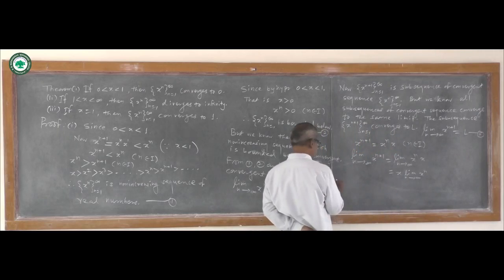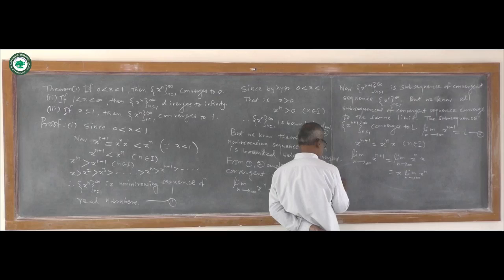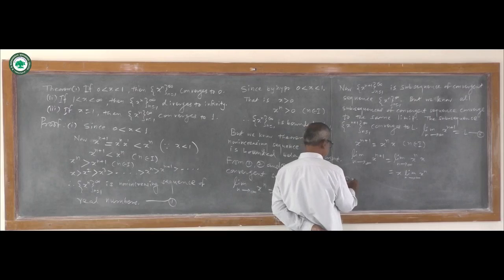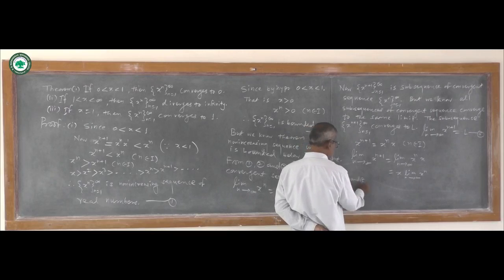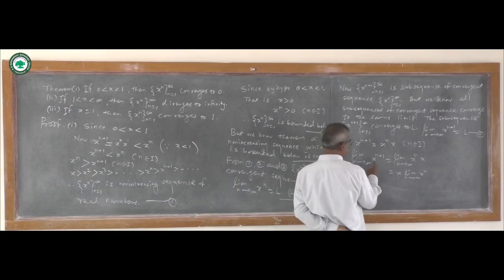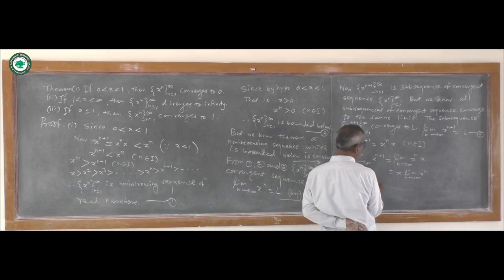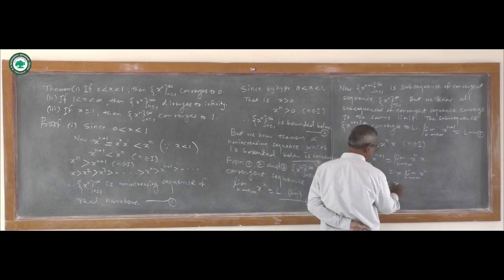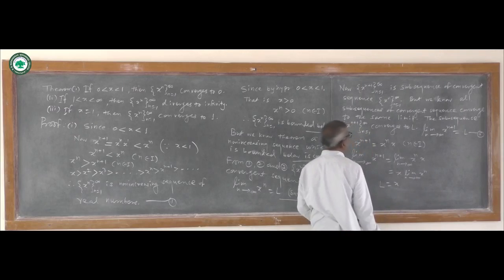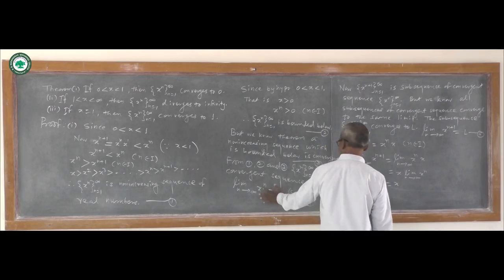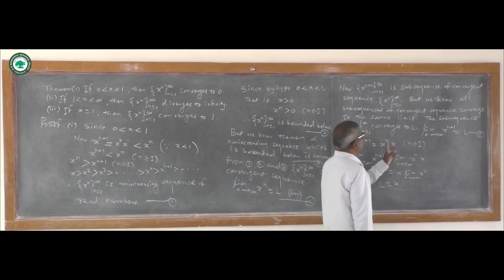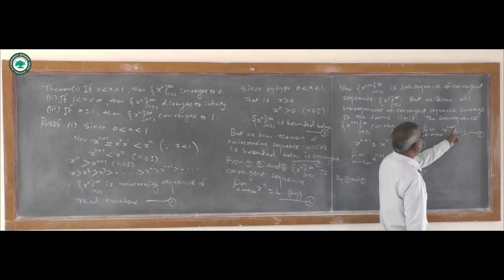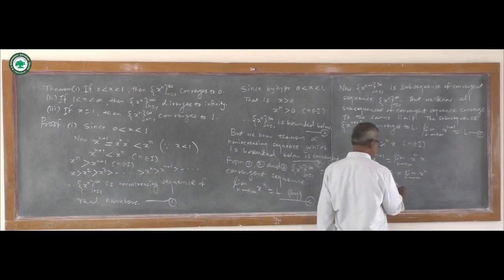By 4 and 5, the limit of x^(n+1) is equal to L, and x times the limit of x^n is equal to L.